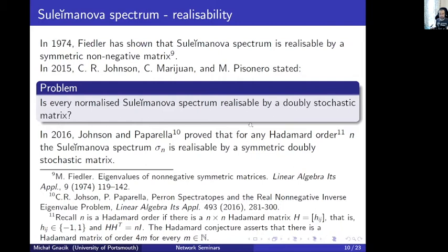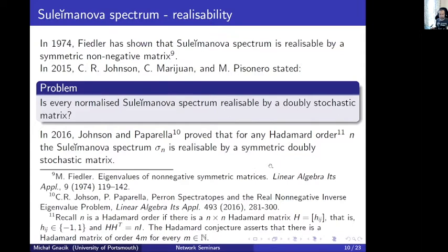Here symmetry is dropped, and we just ask: given this list of numbers, can we construct a doubly stochastic matrix whose spectrum is the list satisfying this condition? In 2016, Johnson and Paparella managed to prove that for any Hadamard order, the Sulimanova spectrum sigma is realizable by a symmetric doubly stochastic matrix. So in fact, there is this symmetric property here as well.